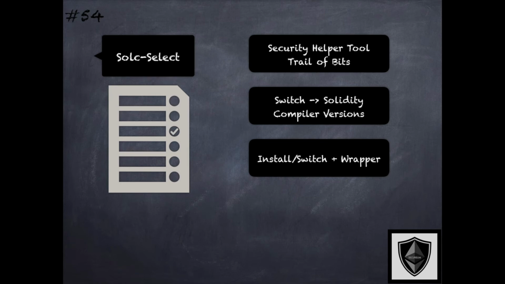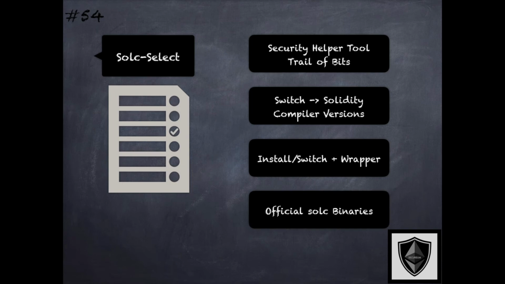The Solidity binaries are downloaded from the official Solidity language repository, and this tool is very helpful while analyzing different smart contract projects because there is often a need to switch between different Solidity compiler versions depending on which version is being used by the project that is being analyzed. So this tool is very handy in such situations and helps us work with other security tools that depend on the Solidity compiler version.